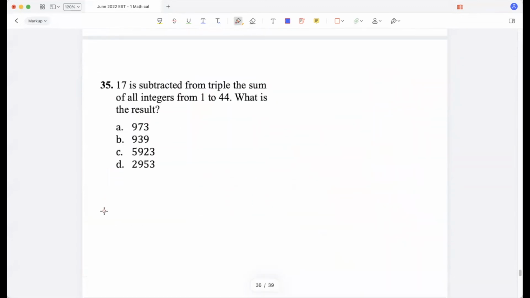If 17 is subtracted from triple the sum of all integers, what is the result? Triple the sum of all integers from 1 to 44. Okay, n into n plus 1 by 2. So 44 into 45 by 2, and then 17 is subtracted.